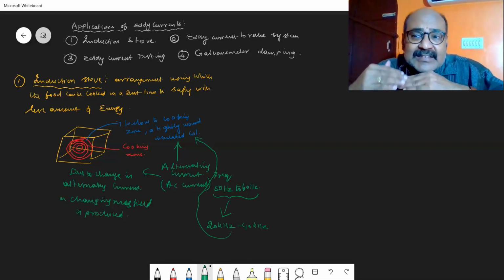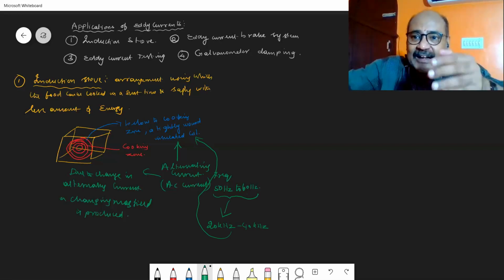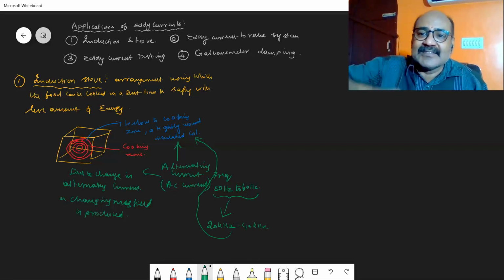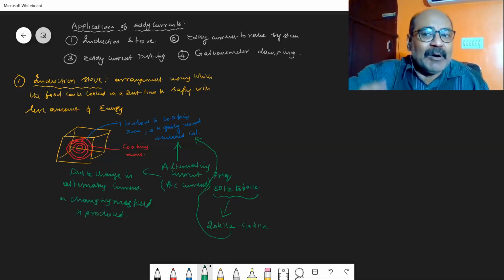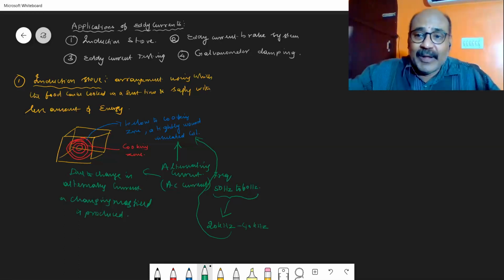When the frequency of the AC current is increased, the rate of change of magnetic flux also changes in a rapid manner. When the rate of change of flux is higher, the amount of EMF or current induced in that pan or cooking vessel is high.